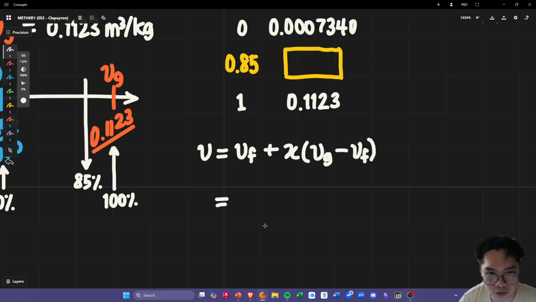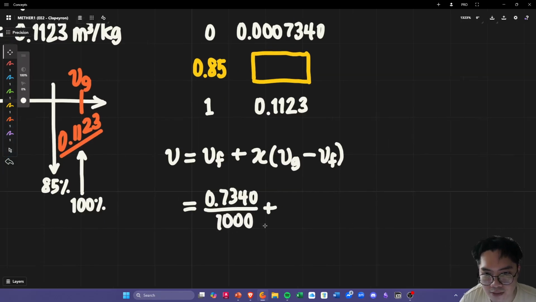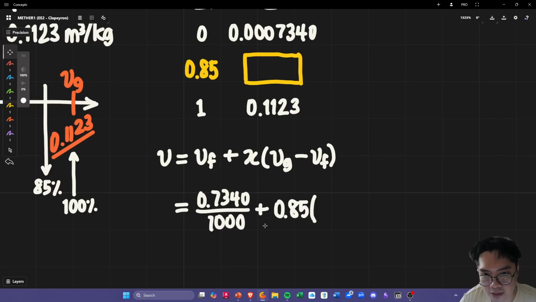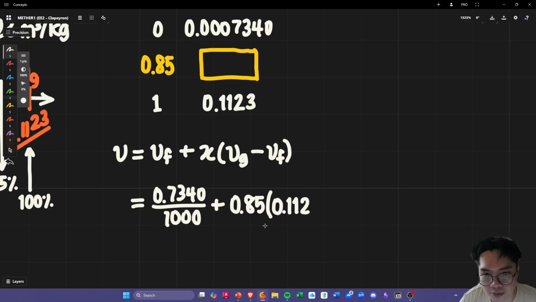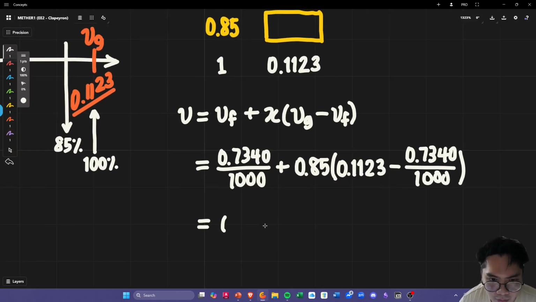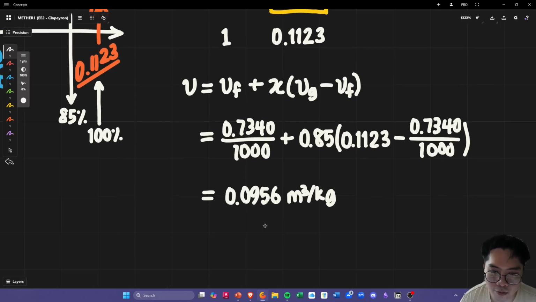Let's put this together. 0.7340 divided by 1,000 plus 0.85 times VG, which is 0.1123, minus 0.7340, all over 1,000. And the answer here would be, if I remember correctly, 0.0956. I remember it because it sounds like a phone number. Meter cube per kilogram. This is our answer for letter V.